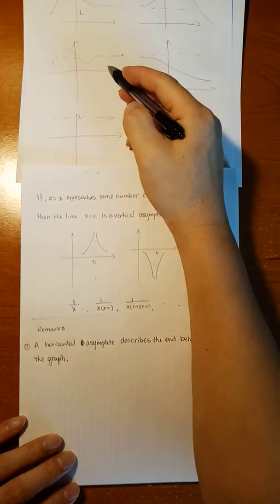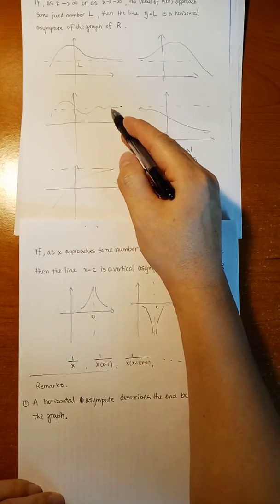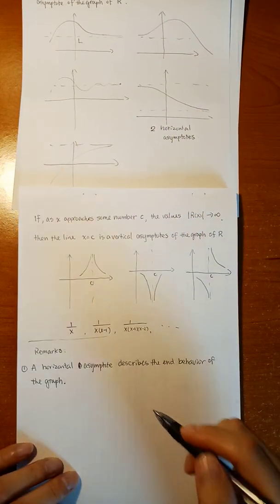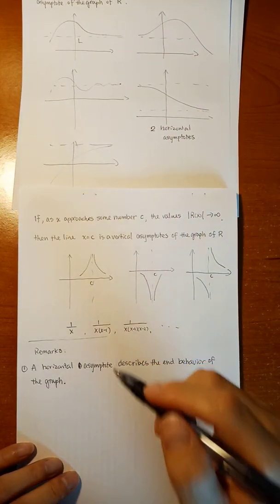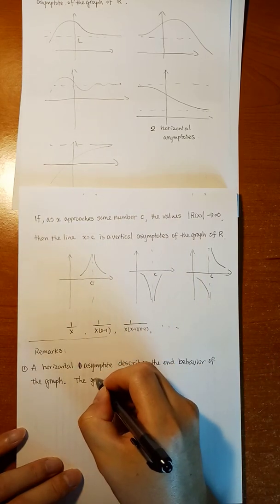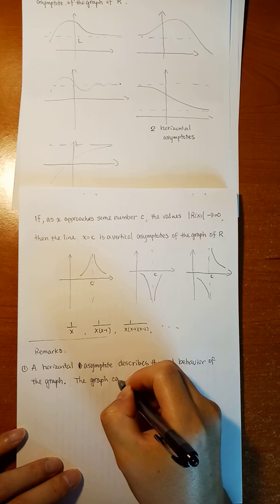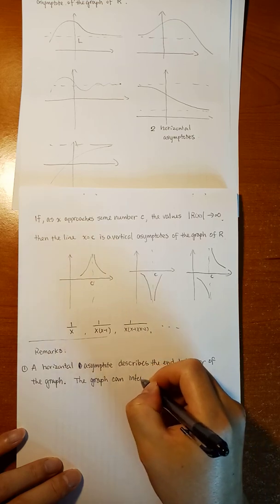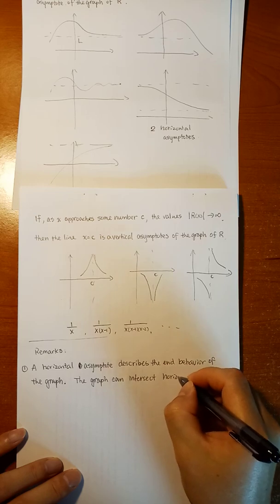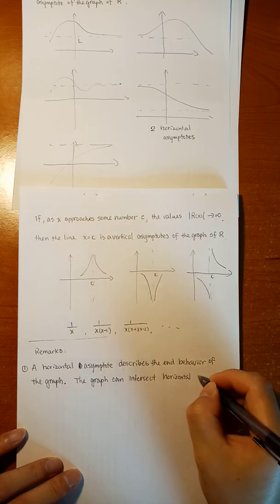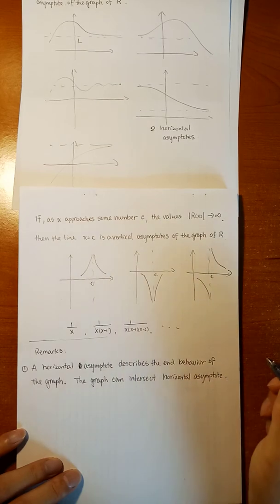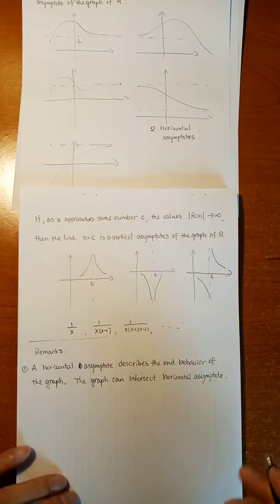And as I described in this example, the graph can intersect a horizontal asymptote. It's possible. It's not impossible.